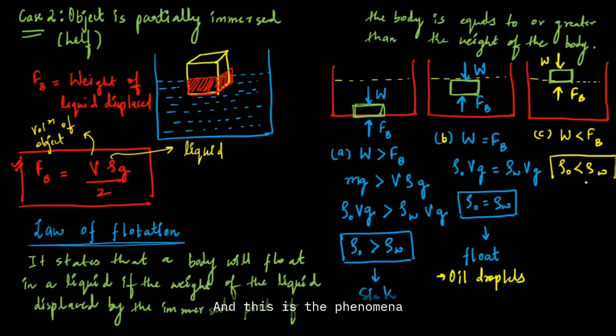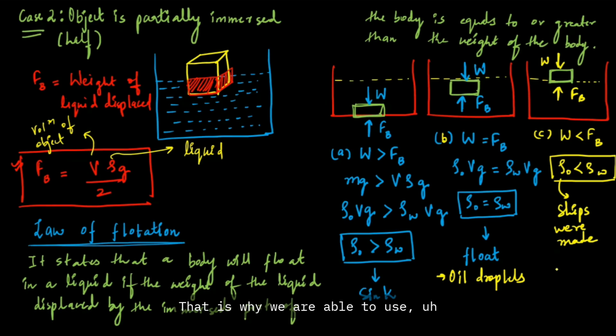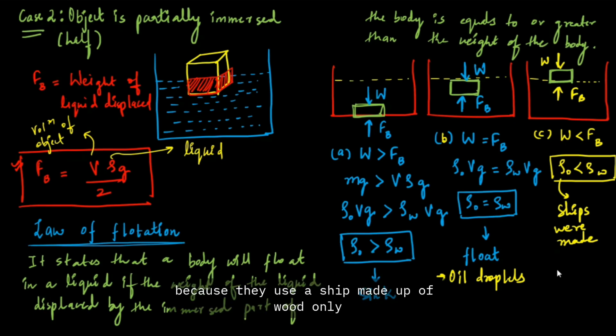This is the condition based upon which ships were made initially, because the density of wood is less than density of water. That is why we were able to use ships made of wood initially. And that is what you must have seen in pirate movies as well, because they use a ship made up of wood only, because wood has lesser density in comparison to water.